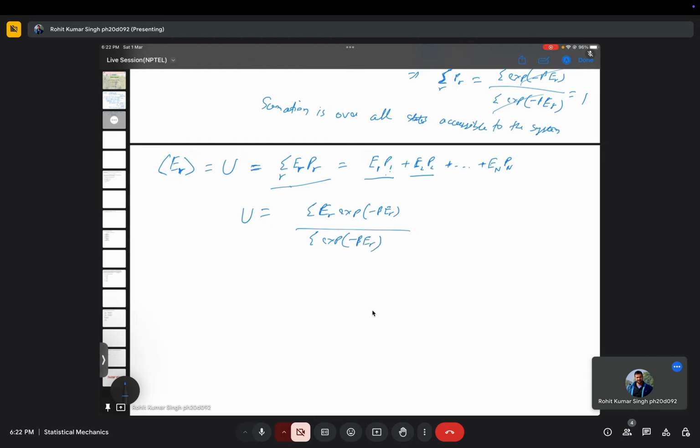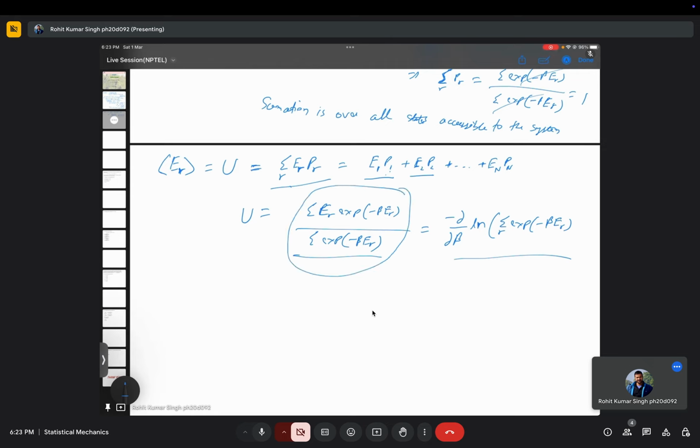Okay, and further you can write it like this also. Is this fine? How you go from here to here? If you differentiate this quantity, log of this, then you will get this one.